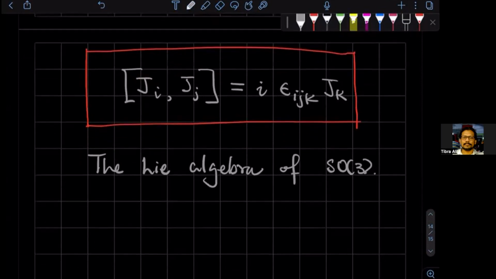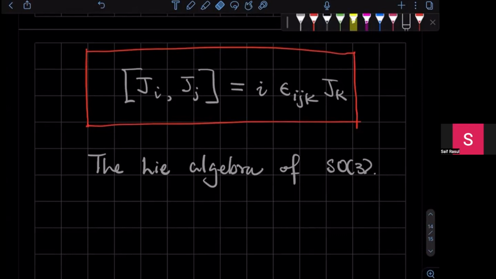This is named after a guy called Sophus Lie. This is not Lie. So, okay. And the Lie algebra will be a frequent character in the rest of this course. Okay. All right. So, any questions so far?